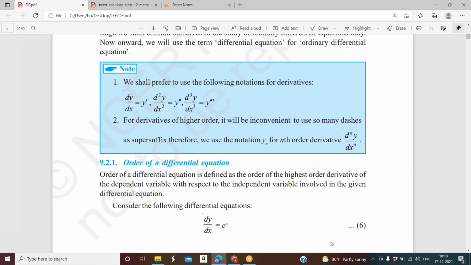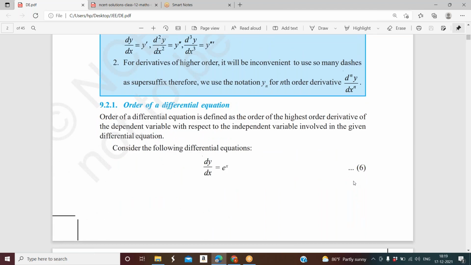So the order of the differential equation means you should find the order of the highest order derivative of the dependent variable. For example, consider the following differential equations.